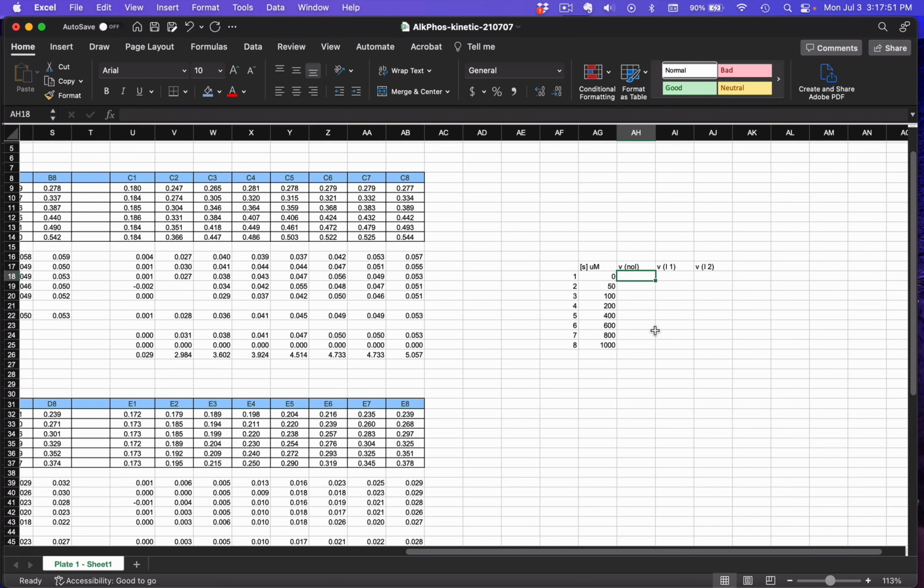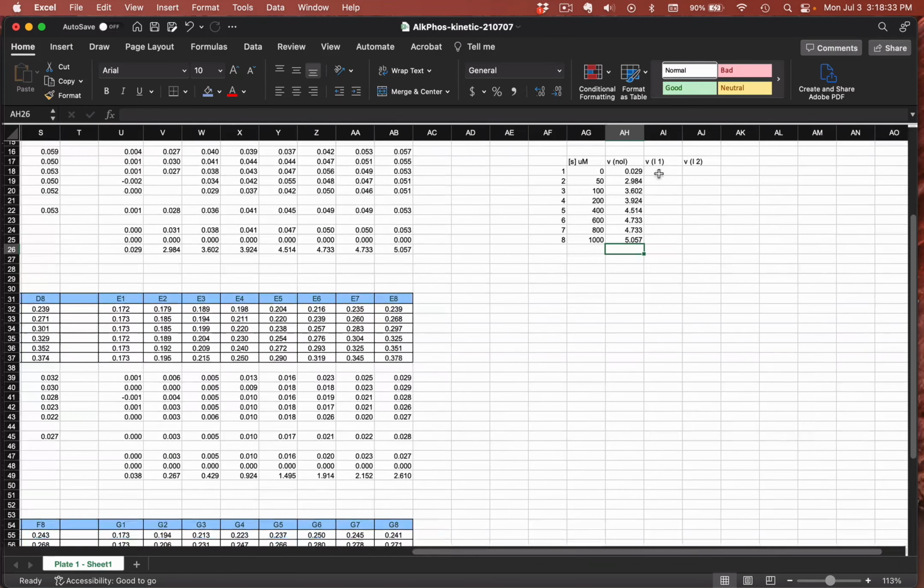The easiest way to do this is to put the contents of this cell in that box. So I'm just going to say equals this. Return, equals this. Return, equals this, and so on. There are other ways to do this, but this is the quick and most easily explained way of doing this.